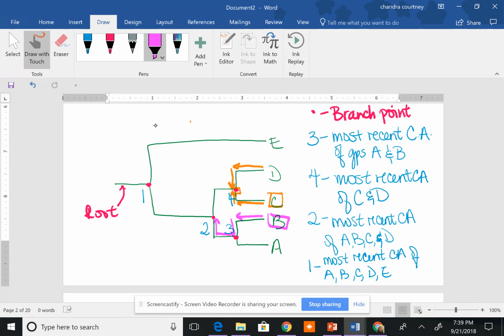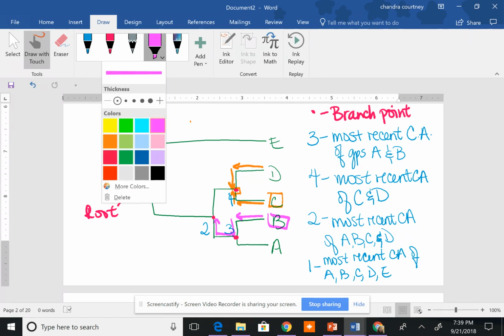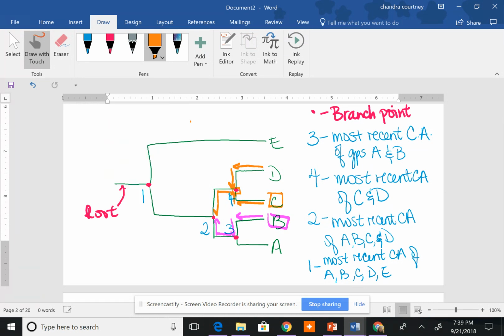Note, we'd have to do the same thing on the C end. Go down and across. Notice we have to go further down and across to get to a common ancestor shared by C and B. So this walk backwards just showed us that D and C are more closely related than C and B, even though they seem to be very close to each other on the tree. That doesn't change the fact that they are more or less related to each other.